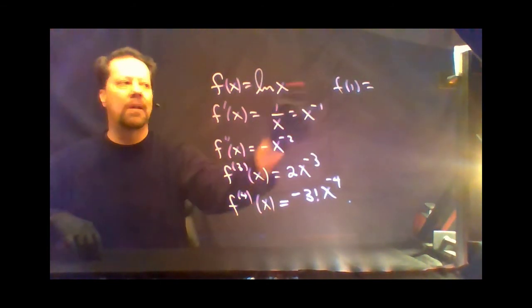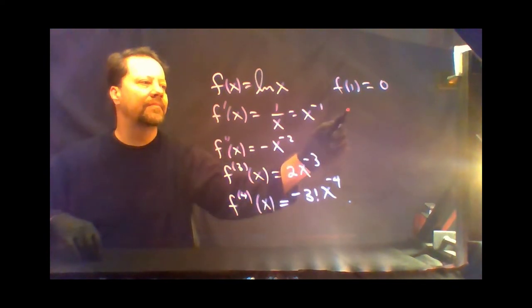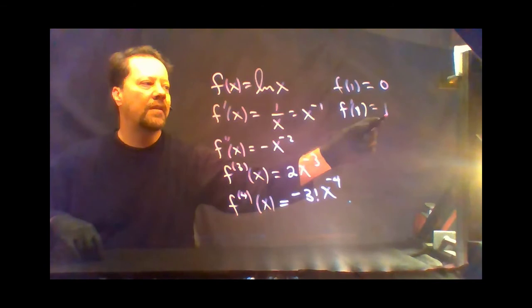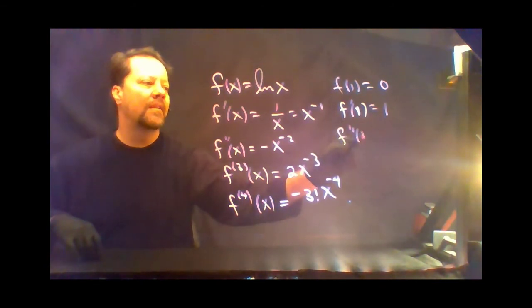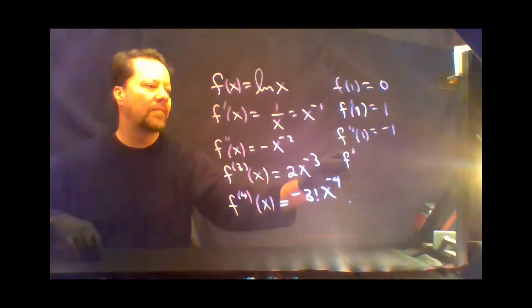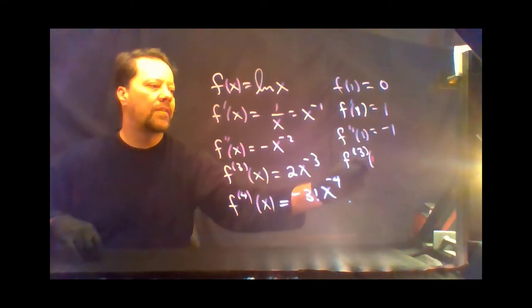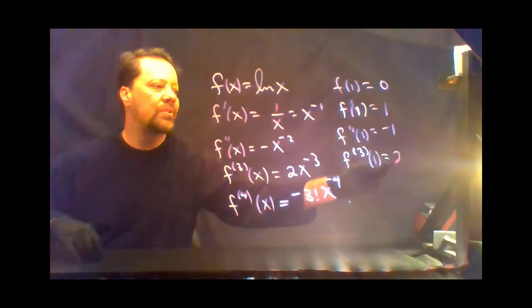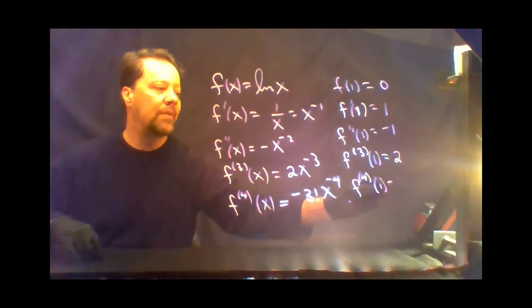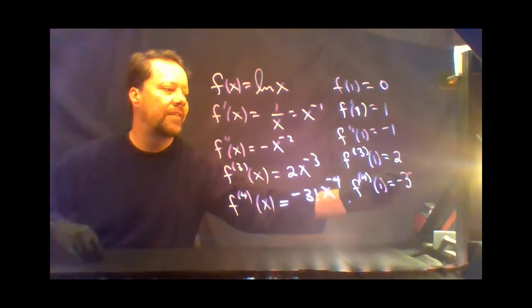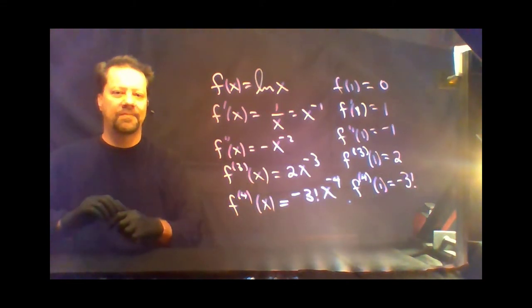The natural log of 1 is 0. The first derivative at 1 is 1. The second derivative at 1 is negative 1. The third derivative evaluated at 1 is 2. And the fourth derivative evaluated at 1 is negative 3 factorial.